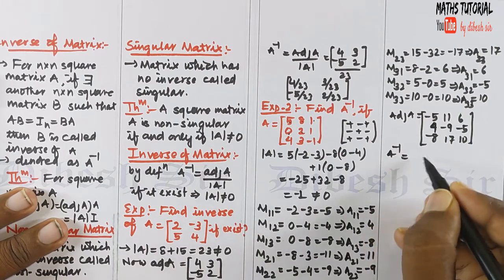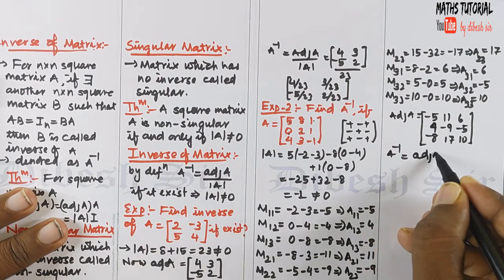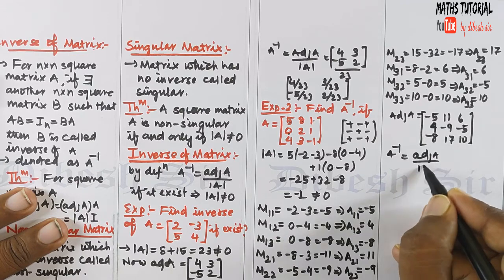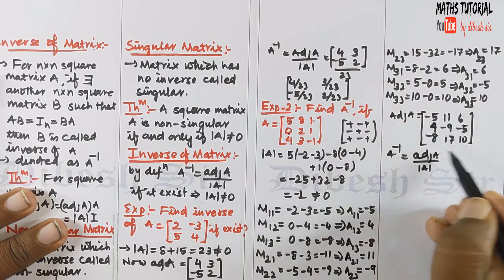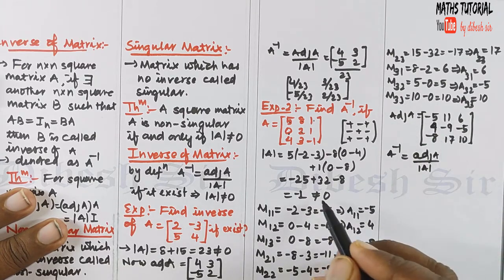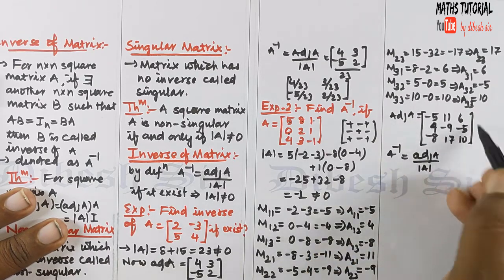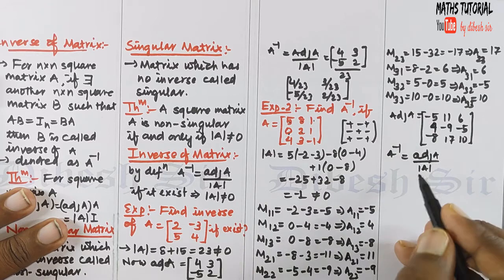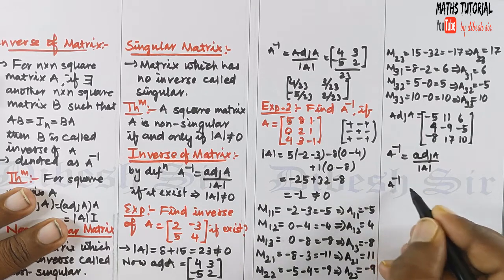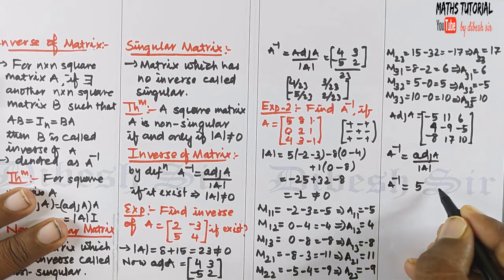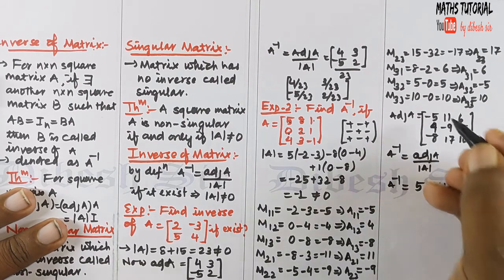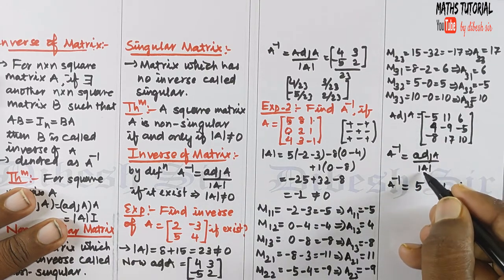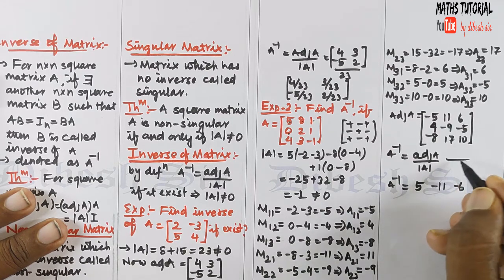We know clearly A inverse is equal to adjoint A upon mod A. Means this is our adjoint A divided by mod A, that is minus 1. So clearly all the signs are changed.